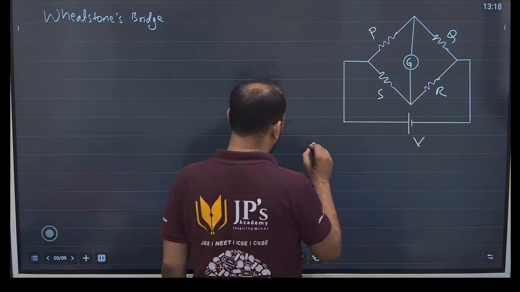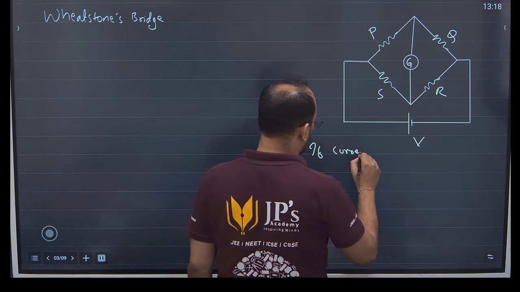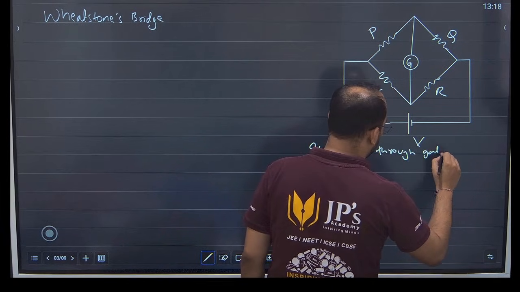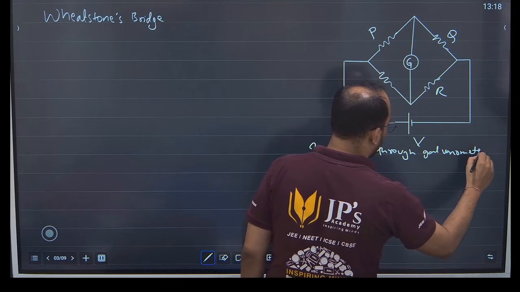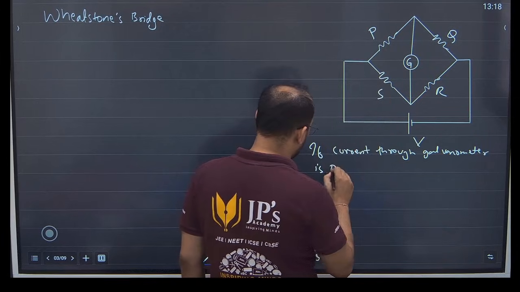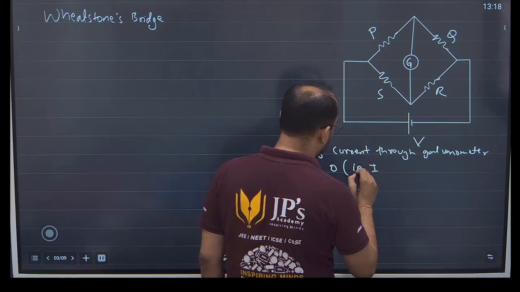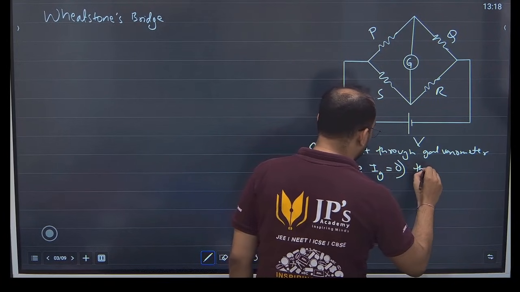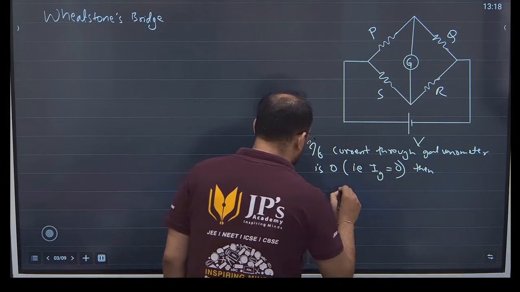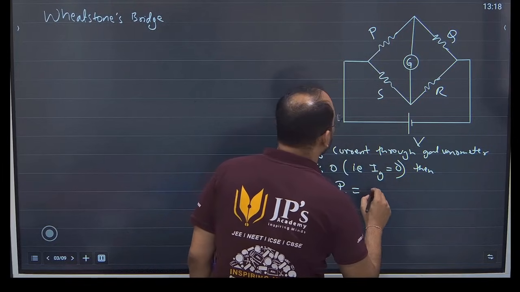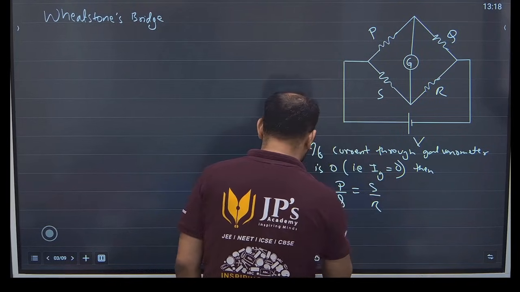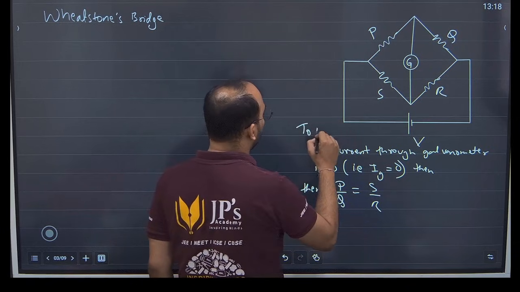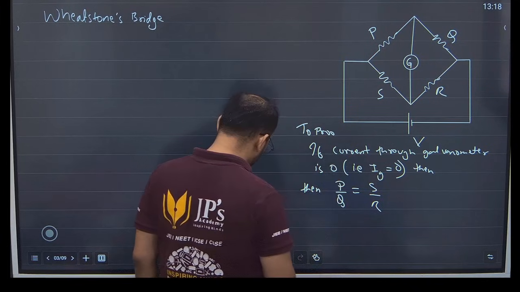If current through galvanometer is 0, okay, that is हम उसको IG बोलते हैं. galvanometer से अगर करंट पास नहीं हो रहा है, if current through galvanometer is 0, then this is true, then we can say that P by Q is equal to S by R. Then or vice versa is also true. We have to prove this. Okay, तो to prove में ये आ गया. This is the derivation that they ask. They ask us to prove the relation.